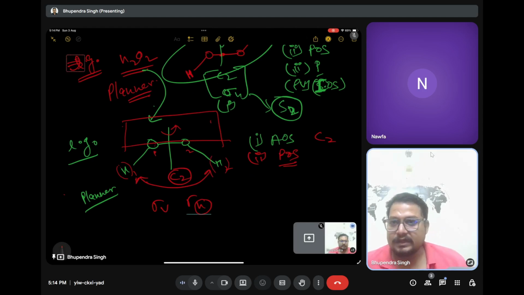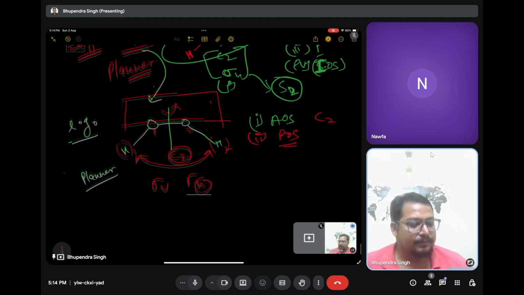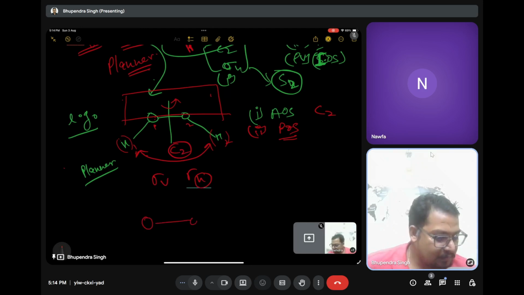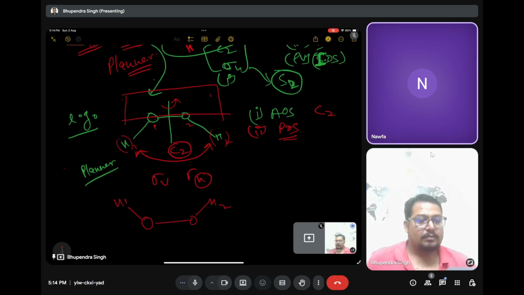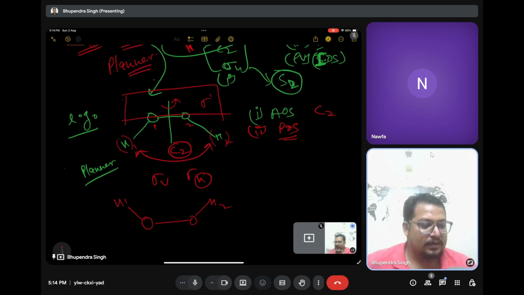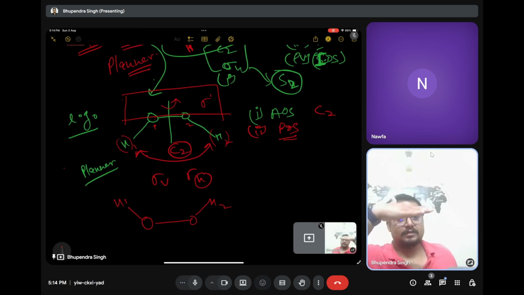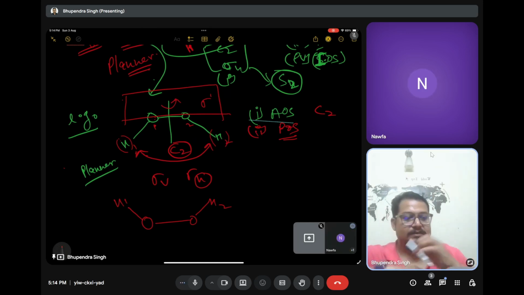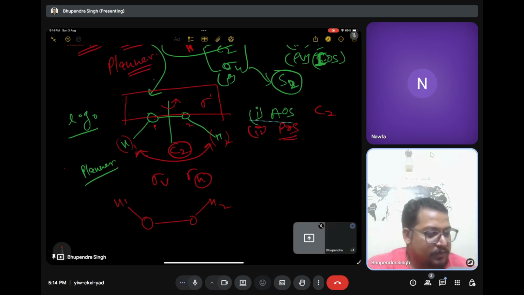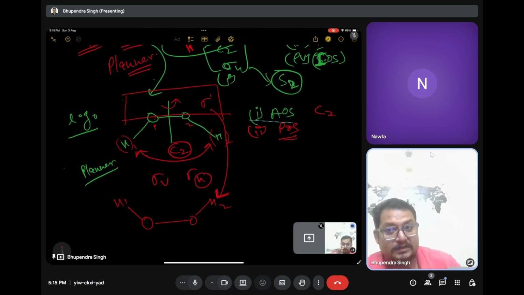So will it be the equivalent orientation of the molecule? 2, 1. If this is your C2 and you add the plane here, the orientation of the molecule will look like this. So sigma H is not present.